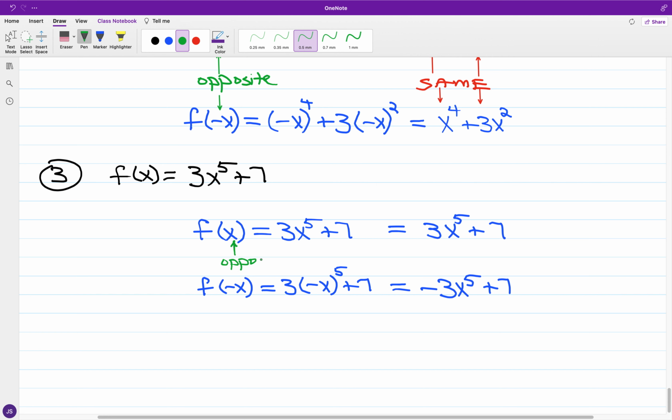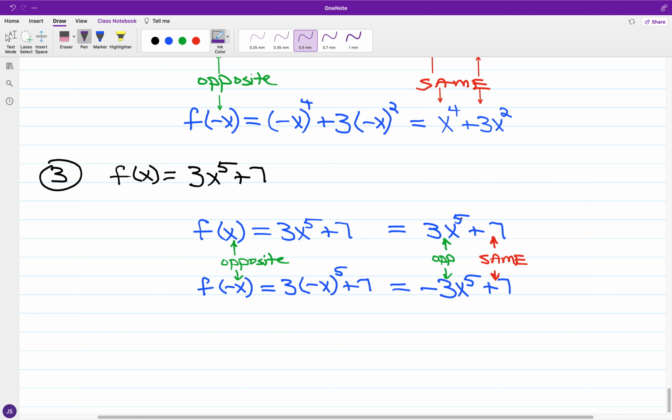So again, for the opposite inputs, for 3x to the fifth and negative 3x to the fifth, these are opposite. If you notice, the constants that follow are going to end up being the same.